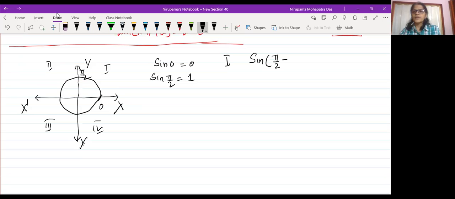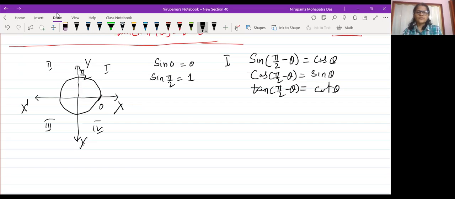So you can have sine of pi by 2 minus theta equal to cos theta. Cos of pi by 2 minus theta is sin theta. Tan of pi by 2 minus theta is cot theta. And we know the reciprocals also. One more thing I want to tell you: whenever you go like this, the angle measured in clockwise direction is a negative angle.